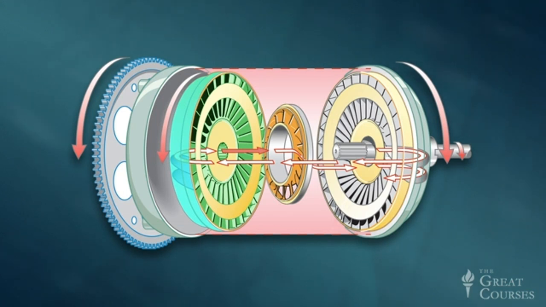As the fluid returns to the center of the turbine, it needs to be fed back into the impeller to continue the cycle. This is the job of the stator, which uses specially designed vanes to redirect the fluid flow into the impeller with minimum power loss.